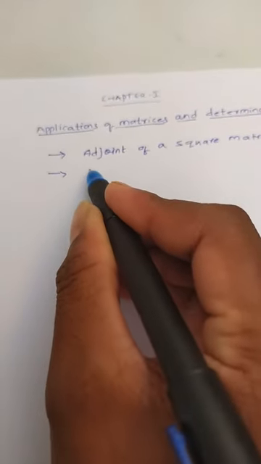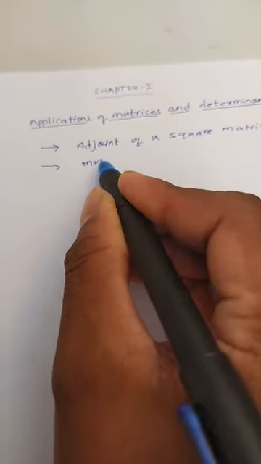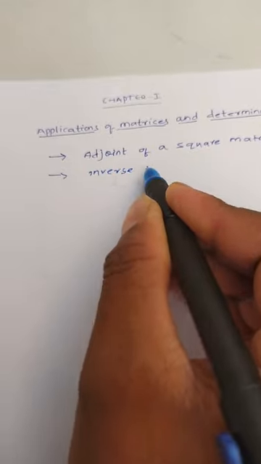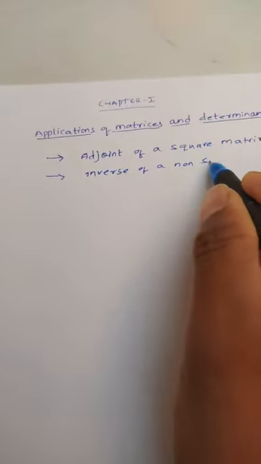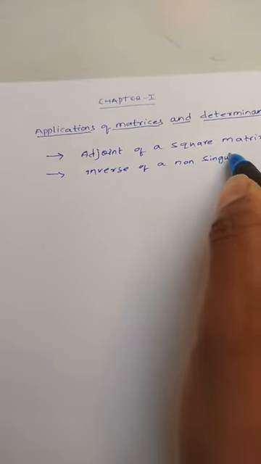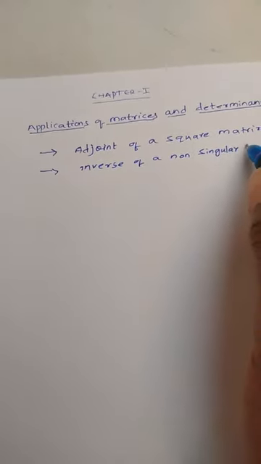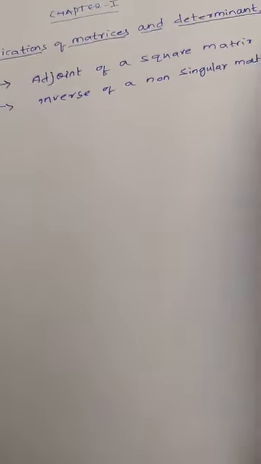And the second topic is how to find the inverse of a non-singular matrix. So the second topic is inverse of a non-singular matrix. Okay, right. Now let us start adjoint of matrices.